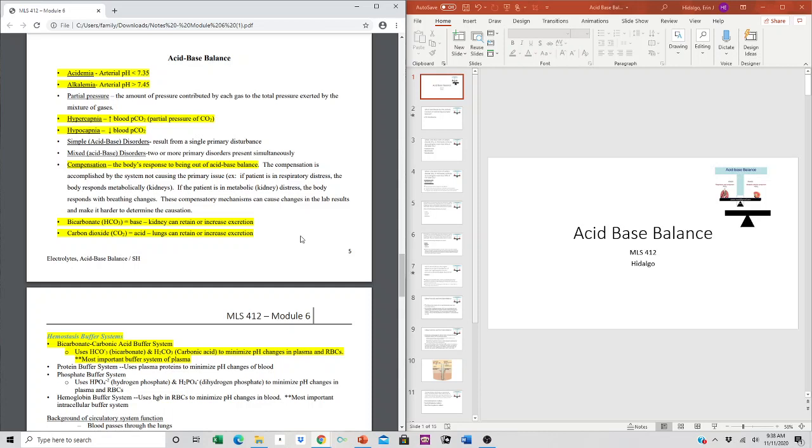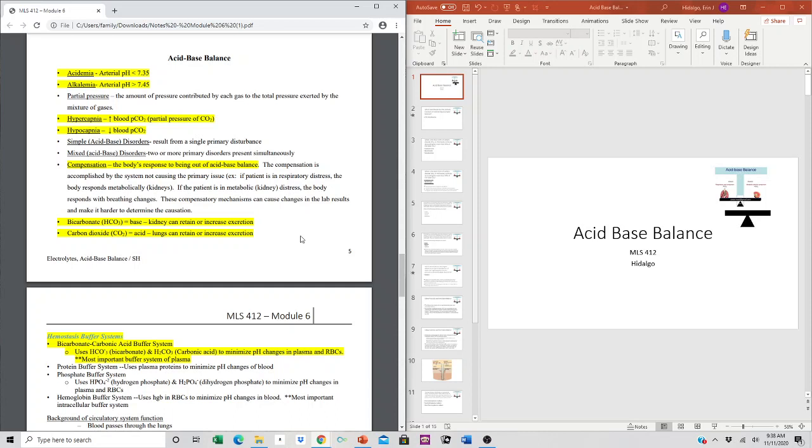That's what's causing this acid-base disorder. But that's not how life works. If the kidneys are failing, then the lungs try to change their behavior in order to compensate for it. So it makes the lab work sometimes not quite as clear-cut.